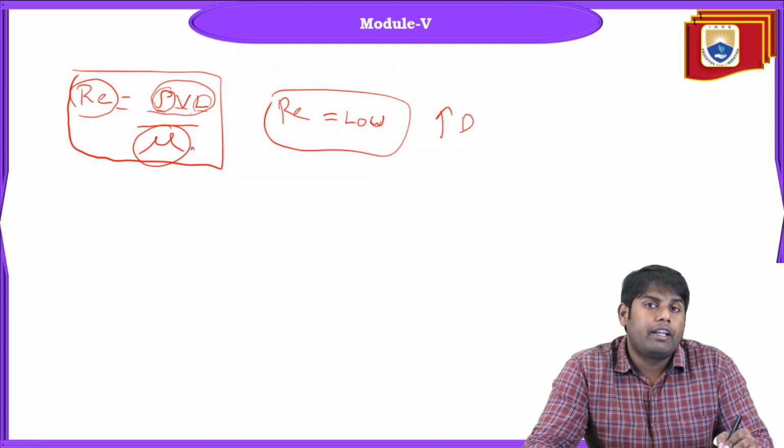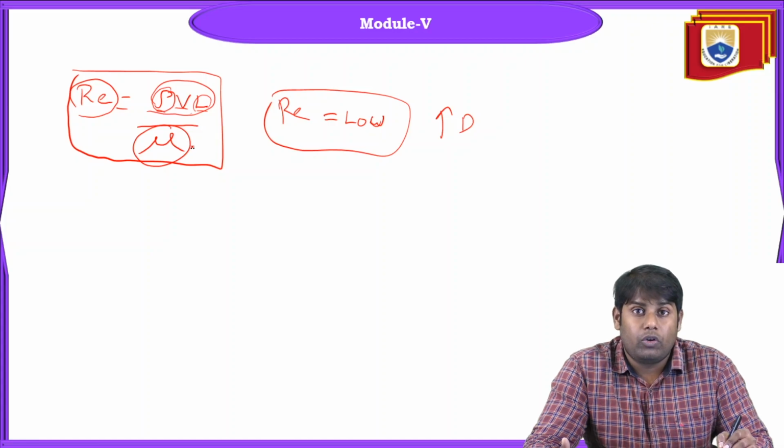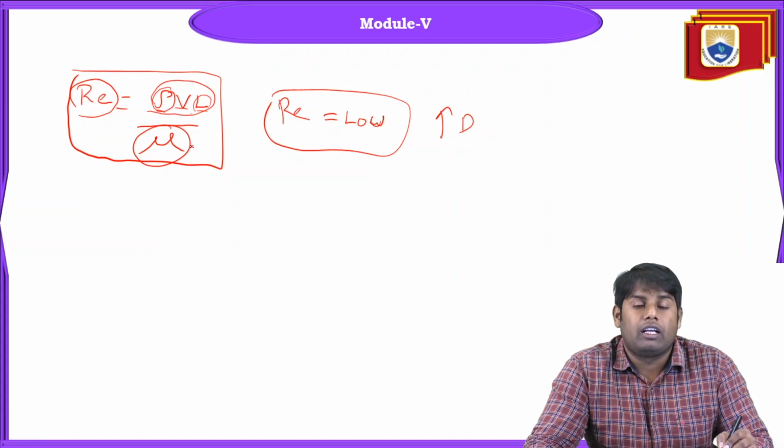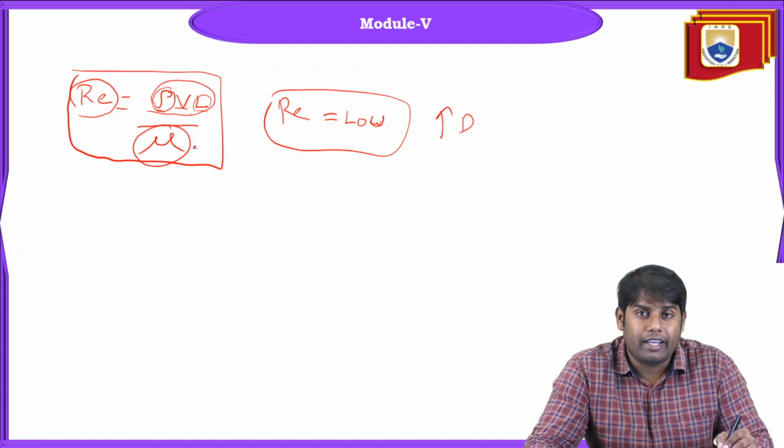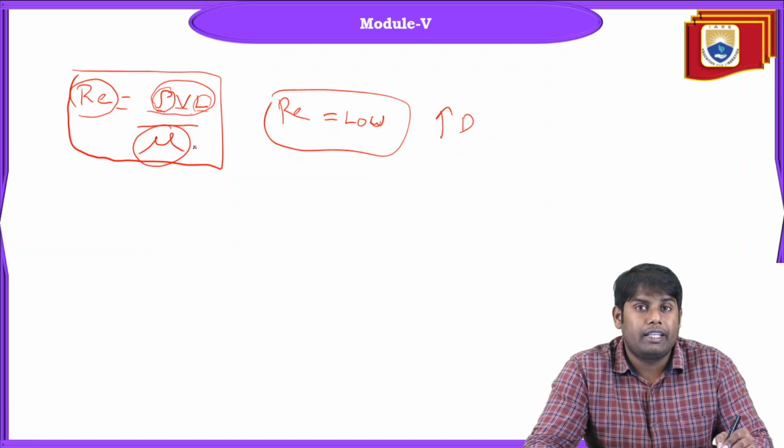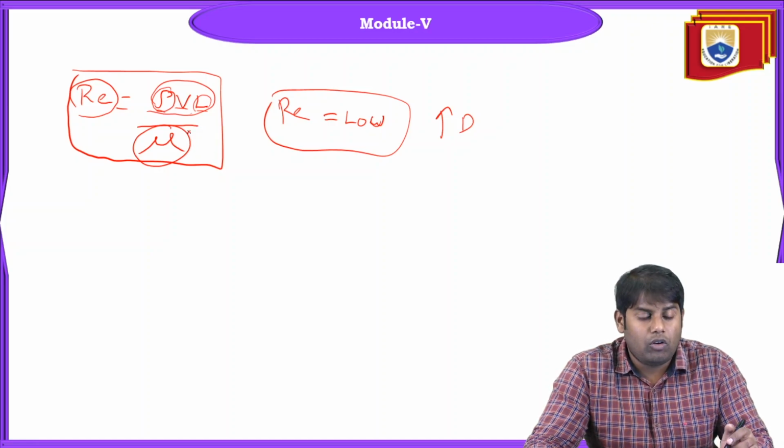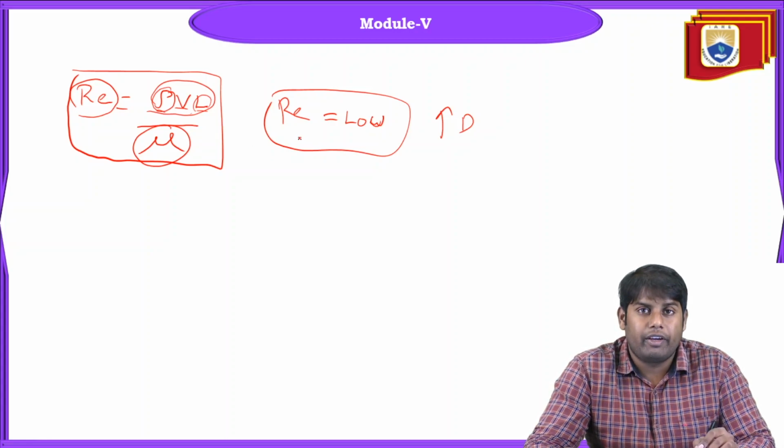Now, if the same swimmer wants to swim in a honey tank, it is a very hectic and difficult task. Why? Because the viscous force is very high, therefore the convection term is reduced and the diffusion term is increased. That is the example of a low Reynolds number, a combination of convection and diffusion.